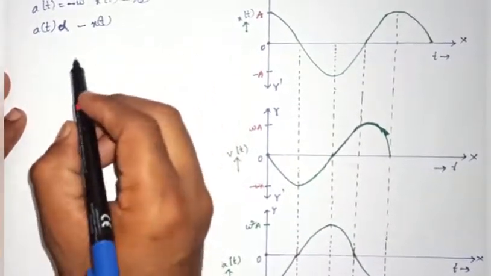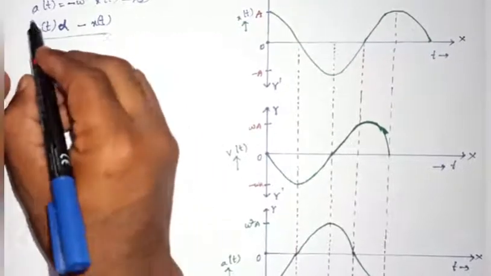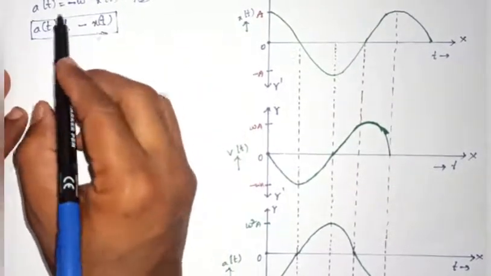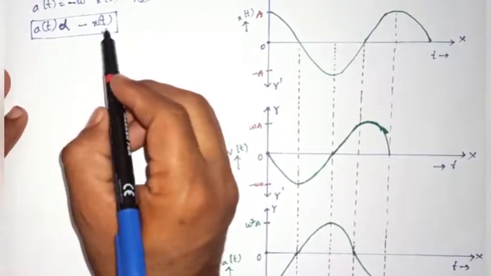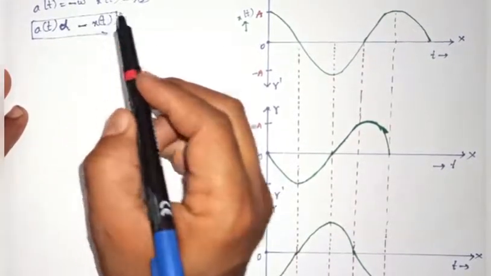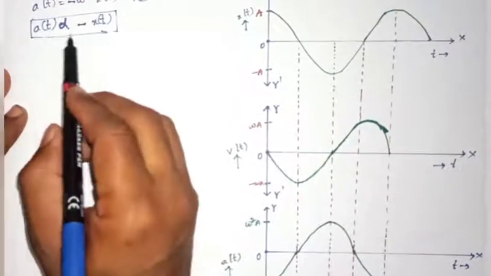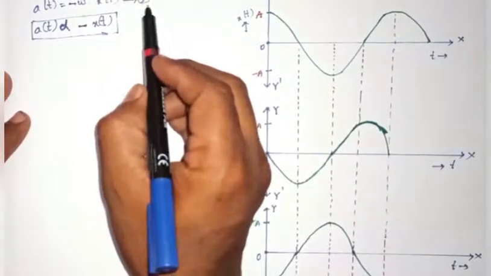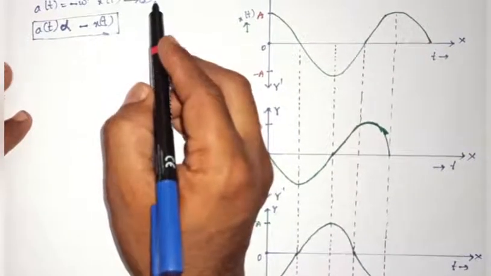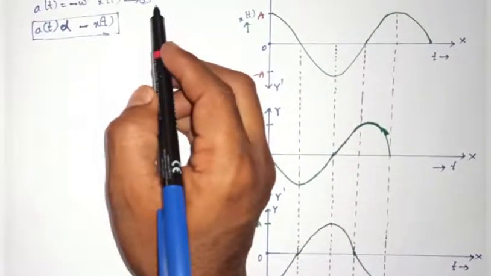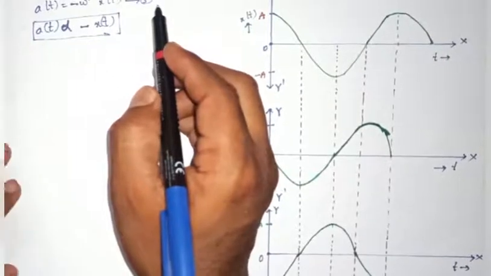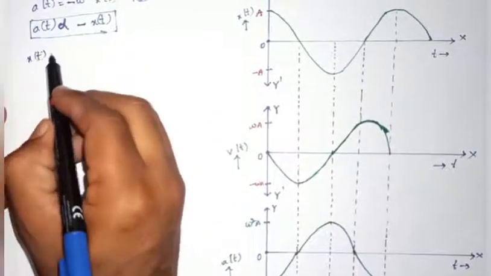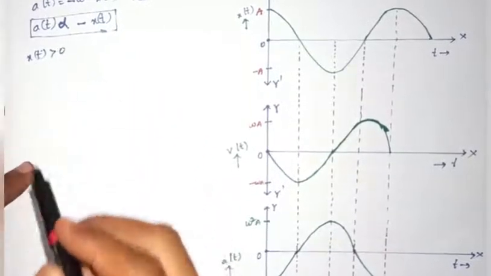This is one of the properties of simple harmonic motion: the acceleration of a particle is directly proportional to the displacement and in the opposite direction, so it is called simple harmonic motion. From equation number 5 and equation number 4, we take the case when x of t is greater than 0.